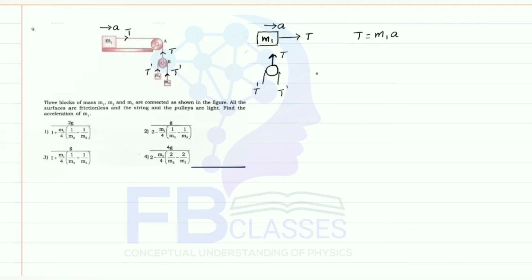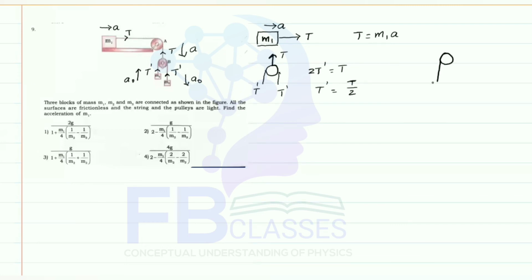Now the equation for the pulley becomes 2T dash is equal to T. Now T dash is equal to how much, my dear? T by 2. Consider this as the second equation. Okay, now the total system will be moving downwards with the acceleration a. Yes or no? So this side is also a. So M2 block is moving with a naught, and M3 is moving with a naught only, because of the same string.